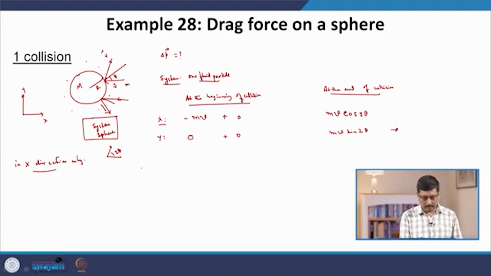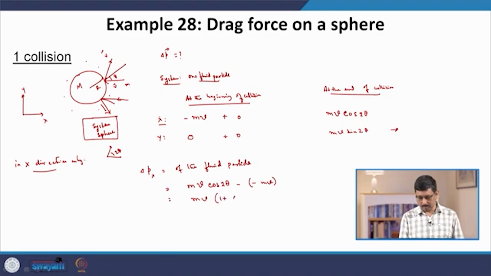So, let us look at the change in momentum of the fluid particle in the x direction. So, this is m v cos 2 theta minus m v. So, this is m v (1 plus cos 2 theta).